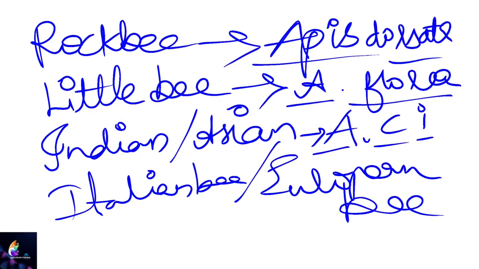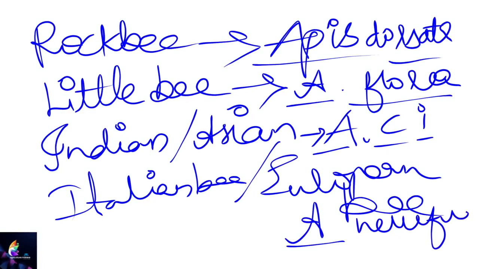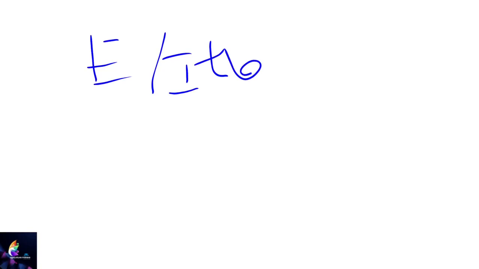And for Italian bee or European bee, it is Apis mellifera. The highest production of honey we can get is from European bee or Italian bee. This you all know.